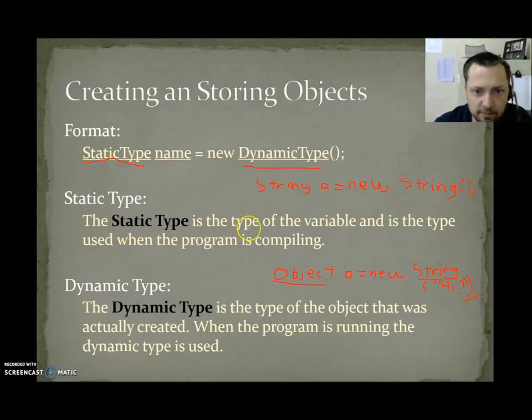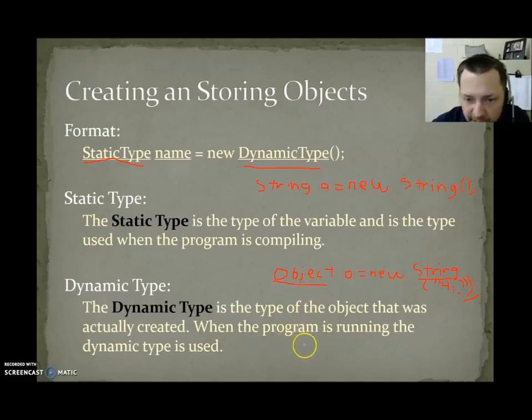The static type is the type of the variable, and it is the type used when the program is compiling. The dynamic type is the type of the object that was actually created. When the program is running, the dynamic type is used.